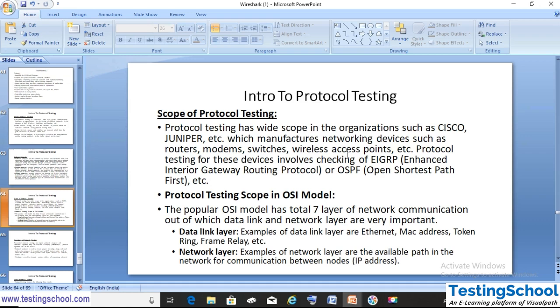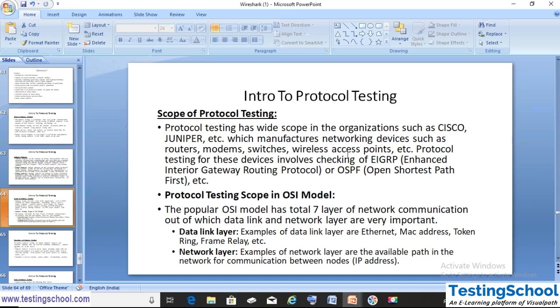Okay, so similarly in protocol testing also, Cisco and Juniper, every time they will enhance their software, their OS, which is running on Cisco or Juniper devices or any other networking vendor devices. Every time they enhance their OS, suppose for example first time it is supporting some 10 protocols, next time it is supporting 5 more protocols.